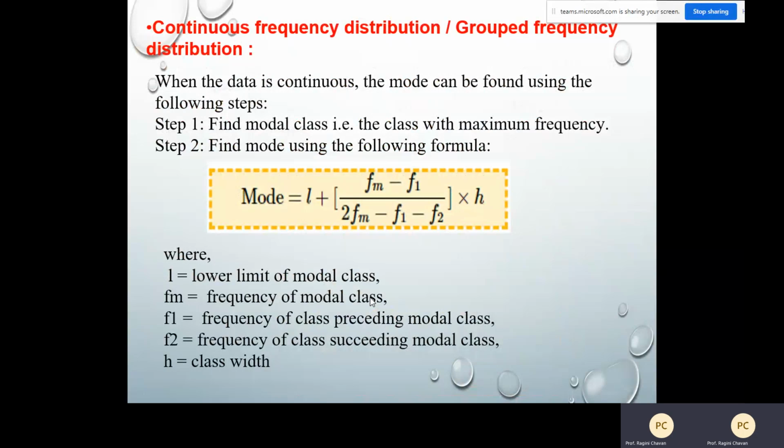So the formula is L plus (Fm minus F1) upon (2Fm minus F1 minus F2) into H, where L is indicating lower limit of the modal class, Fm is the frequency of modal class, F1 is frequency of previous class of modal class, F2 is the frequency of next class of modal class, and H is the class width.